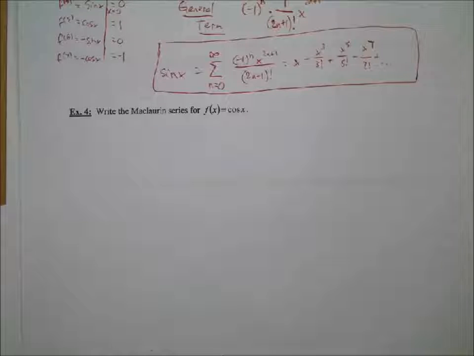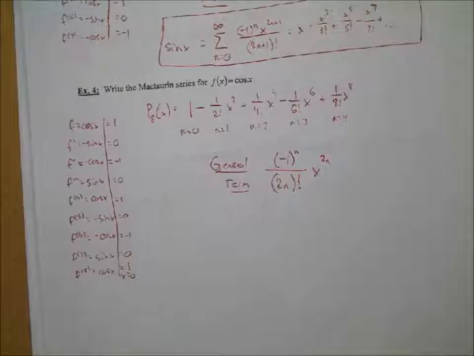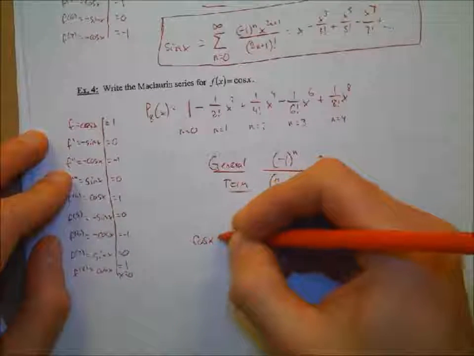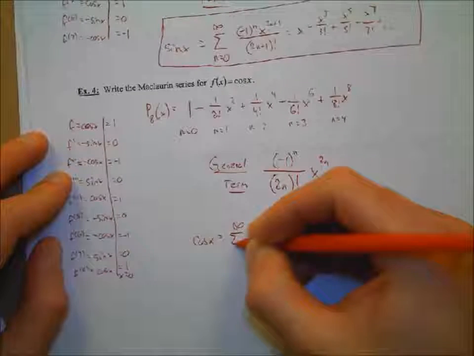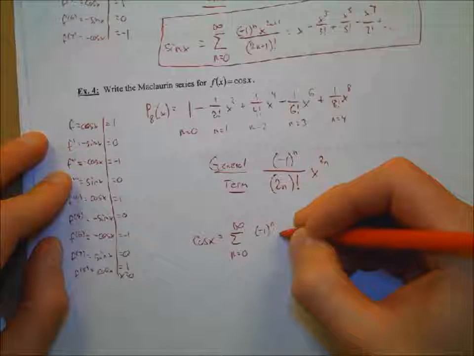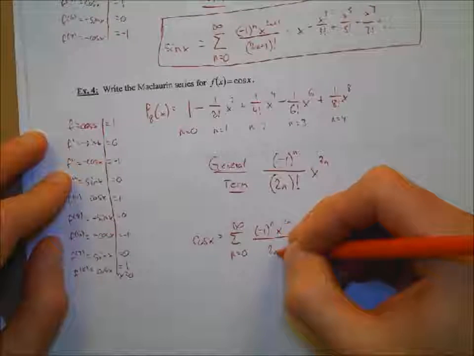Okay. So there's our general term, starting with n equals 0 there, negative 1 to the n over 2n factorial there, times x to the 2n. And so then we can finally finish this off by saying that cosine of x is equal to the sum from n equals 0 to infinity of negative 1 to the n, x to the 2n, all over 2n factorial.